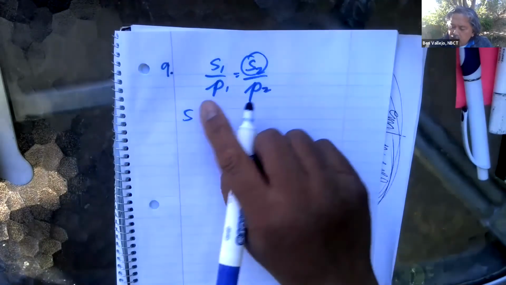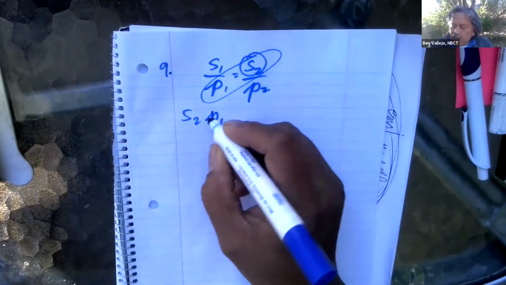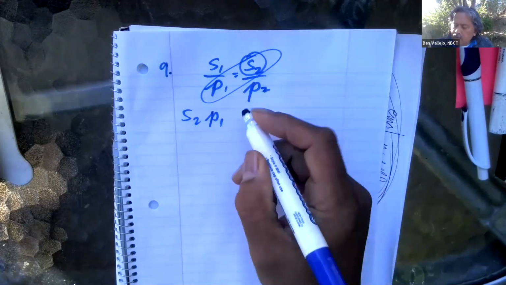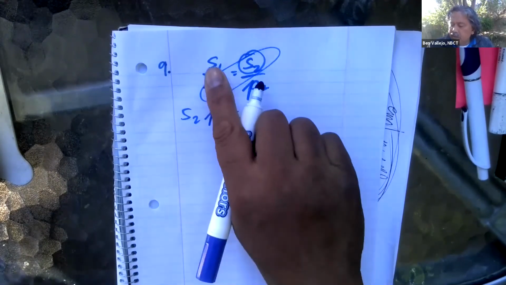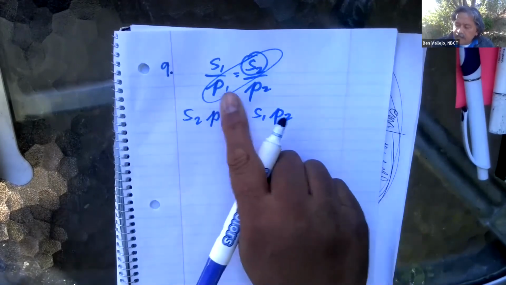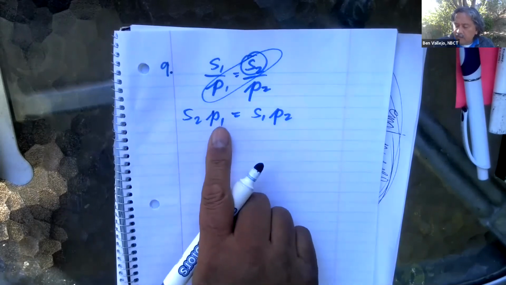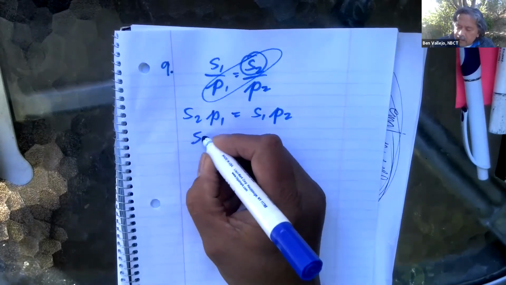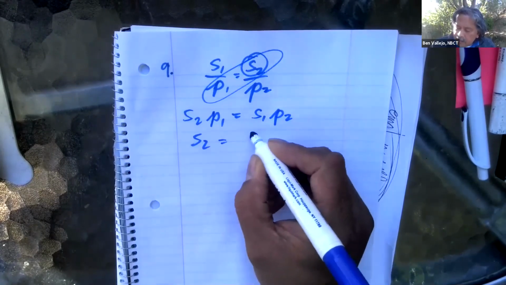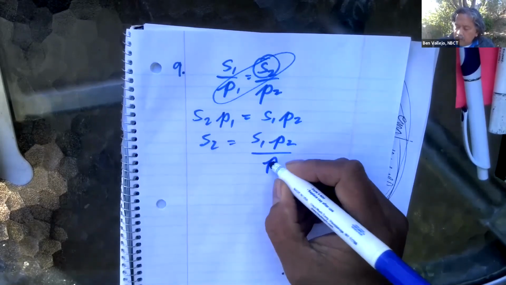If you cross multiply, that's going to be S2 times P1 equal to S1 P2. And to get the S2 by itself, you need to get rid of the P1. So S2 is going to be equal to S1 P2 over P1.